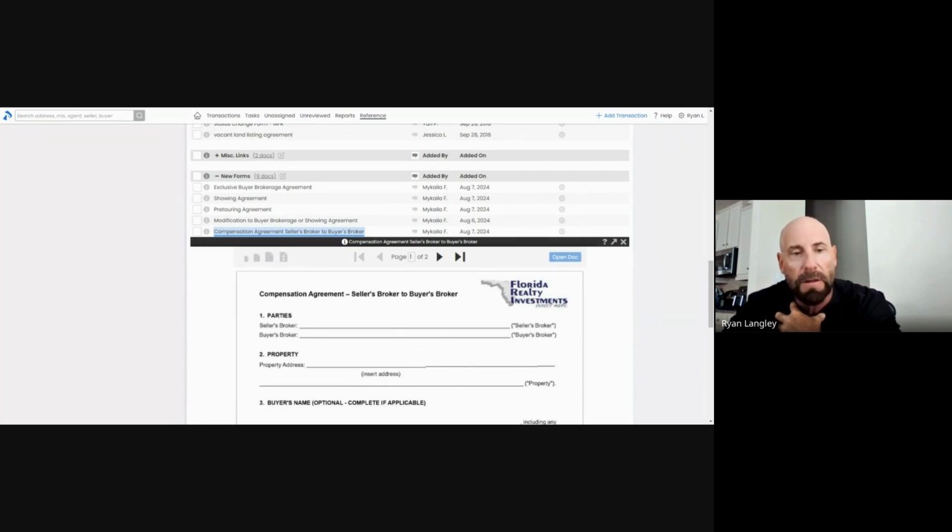So make sure your bases are covered on this kind of stuff. Make sure if they write that, they realize it's in lieu of buyer's brokerage commission. That's what you need to write on there. That's what this guy wanted to do. But our agent needed to write, and they did, in lieu of buyer's brokerage commission. Okay, so make sure you're doing that.